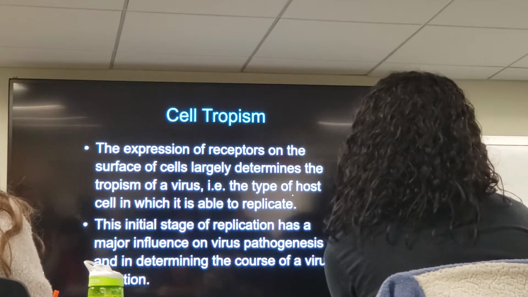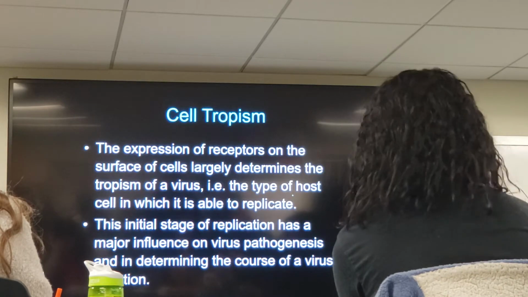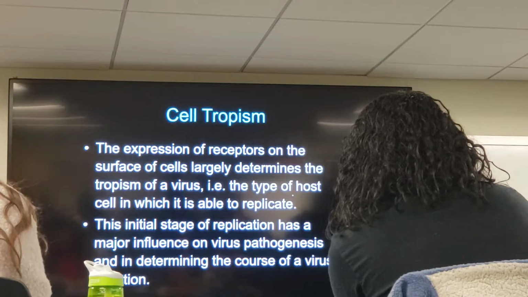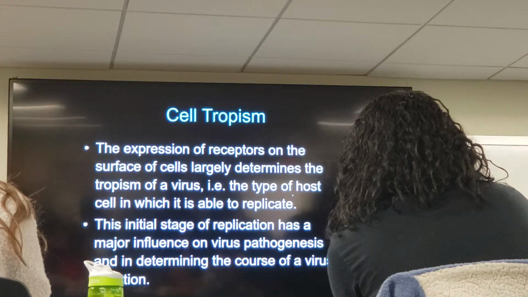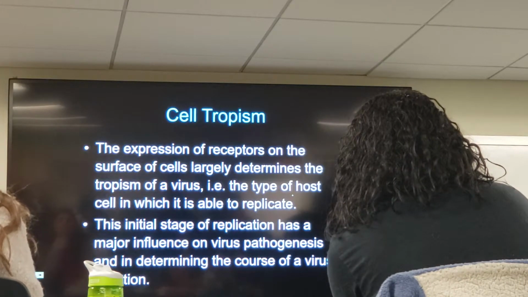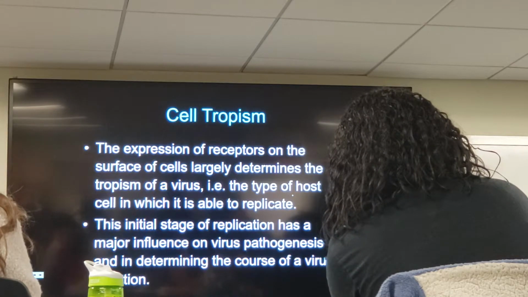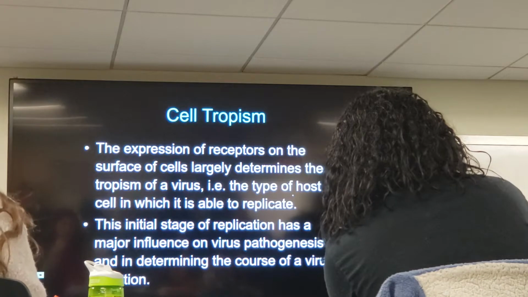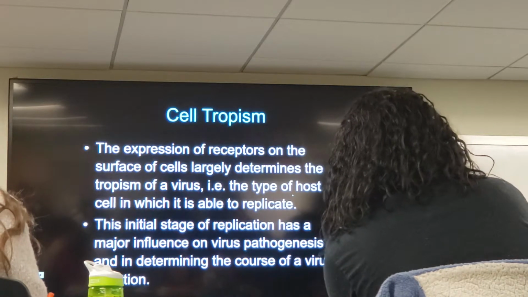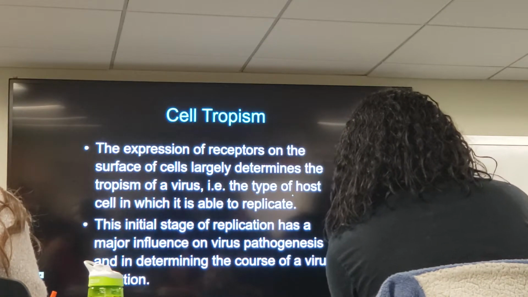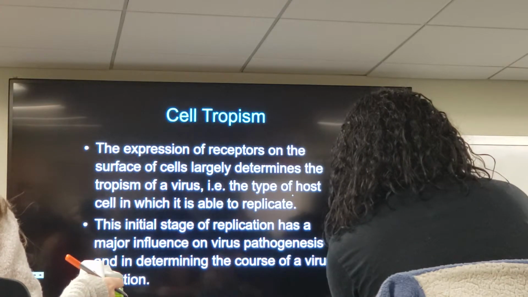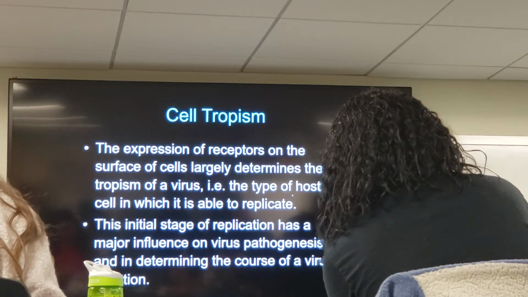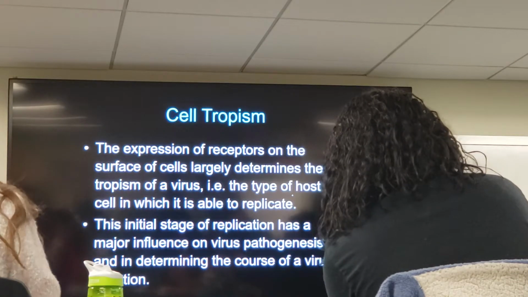A lot of virologists argue that attachment is the most important phase within this replication cycle. It's hard to judge, right? There are lots of different stages and every one is essential. But a lot of people argue that attachment is the most important because it is a major determining factor on the entire course of that virus.